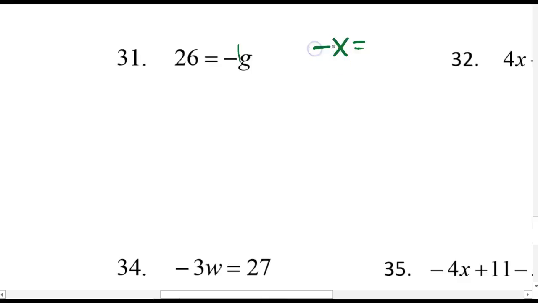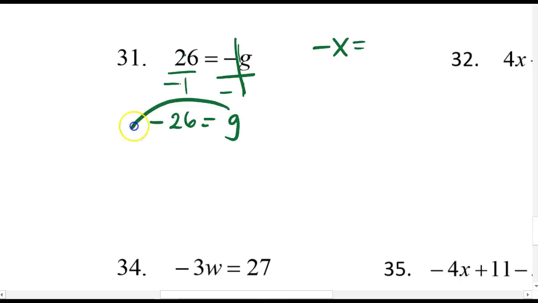If it was negative x, we wouldn't want that either. Okay? So in order to get rid of that negative, it's the same thing like before. This is a negative 1. So to get rid of a negative 1, I divide it by that same number. Negative 1. It goes away. And now it's just 26 divided by 1, which is 26. But then a positive divided by negative is negative. So basically what happens is the 26 becomes negative. And it balances out. Okay?